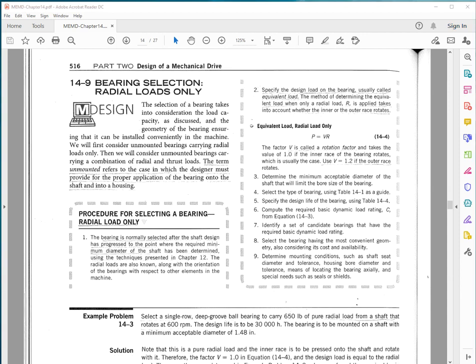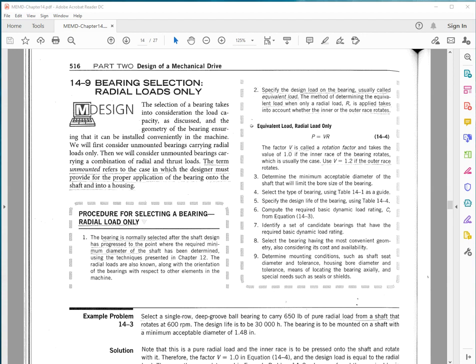All right, so when a bearing is loaded with other than just radial load, there are ways of combining the thrust load with the radial load and getting an equivalent radial load.